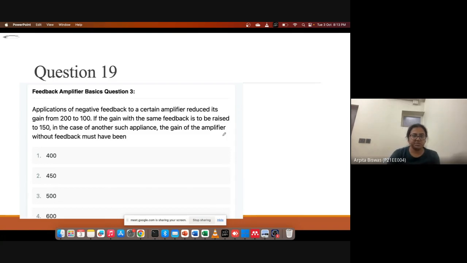So, how to calculate it? See, what value is given here? The gain without feedback is given. Okay, here we are going to start. Gain without feedback is given, which is A equal to 200.